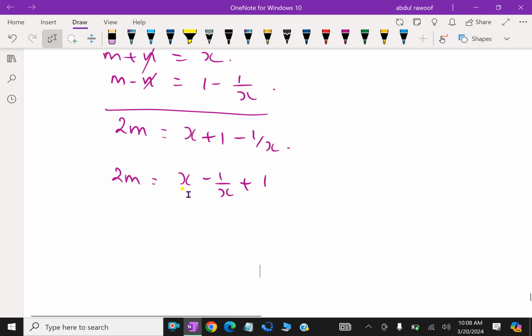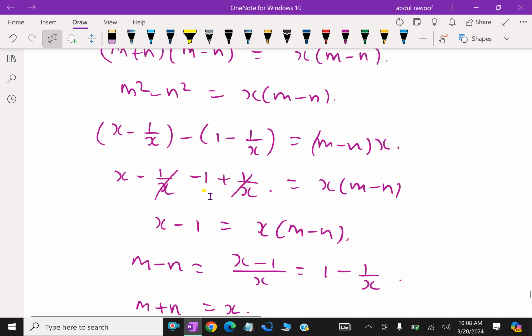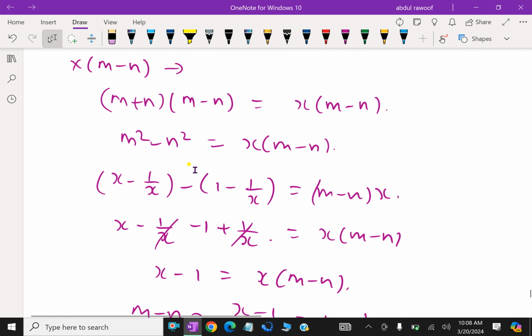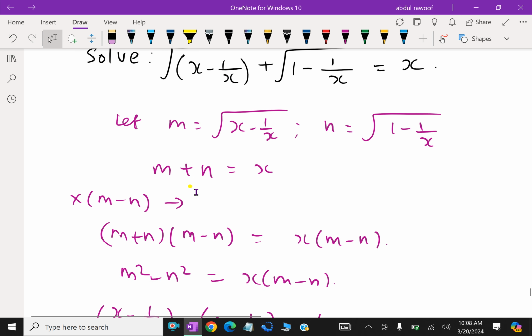Already we have, look at here, m plus n is x, m minus n is here 1 minus 1 over x.